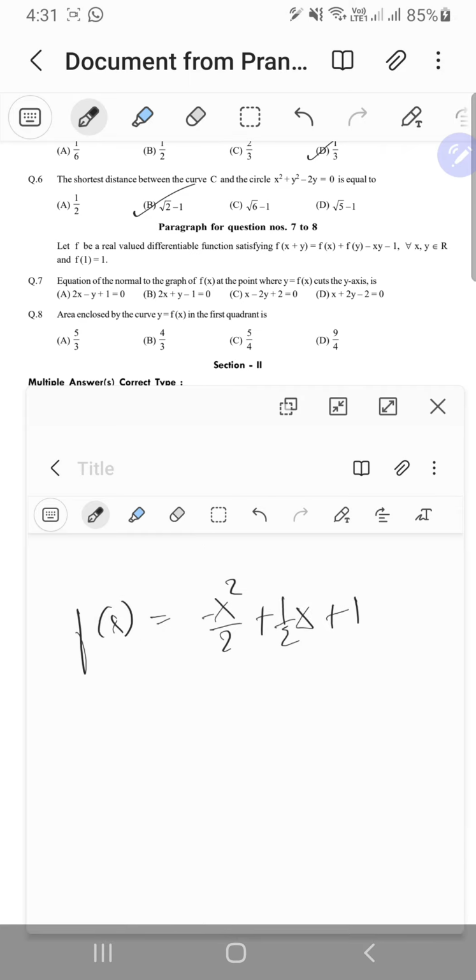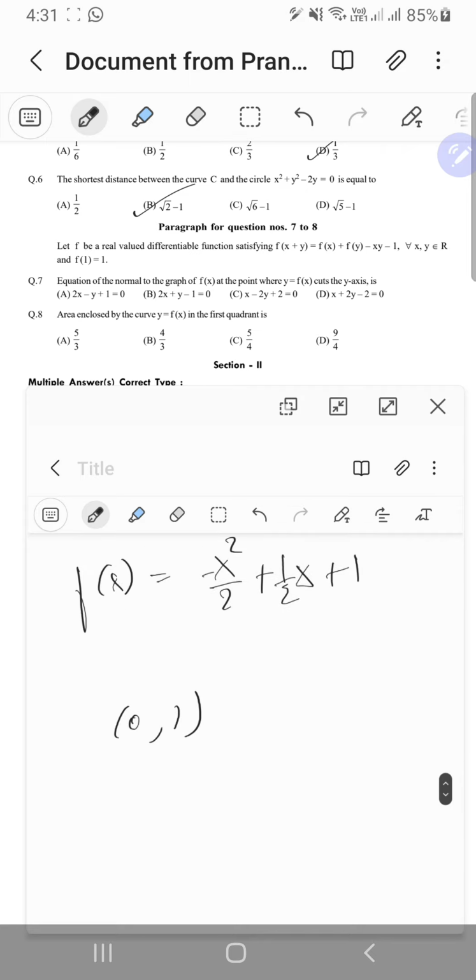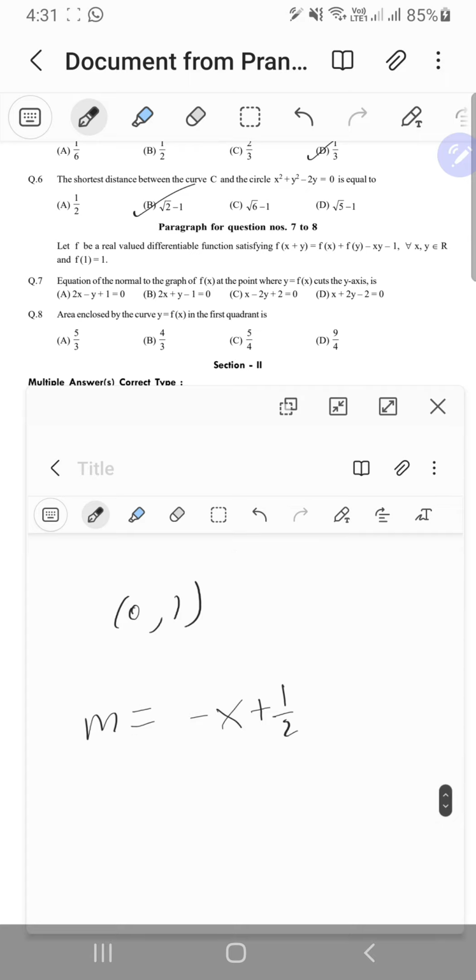So the equation of the normal to the graph of this curve at the point where it cuts the y-axis is what? When it cuts the y-axis, x is 0. So this would be the point 0 comma 1, and we want the equation of the normal at that point. Take a derivative first: m would be minus x plus 1 by 2. So the slope would be minus 1 plus 1 by 2, which is negative 1 by 2.